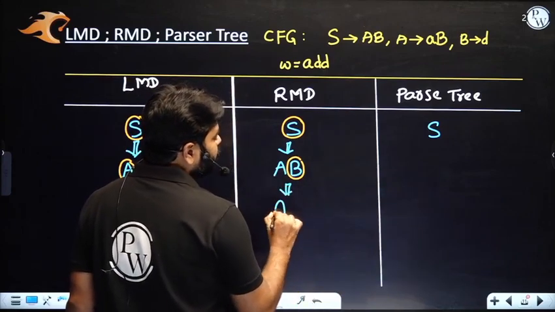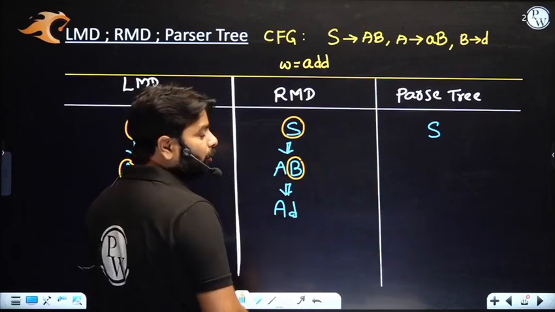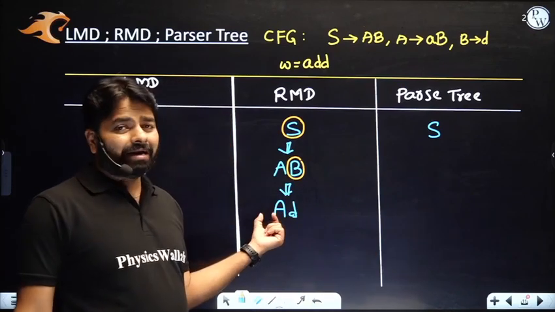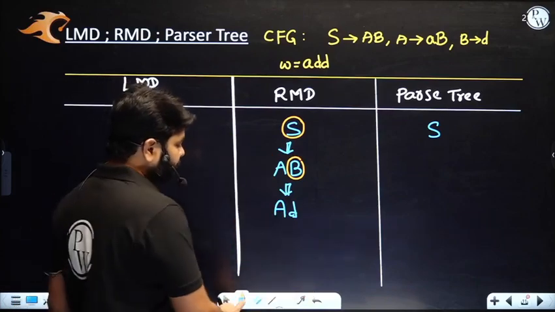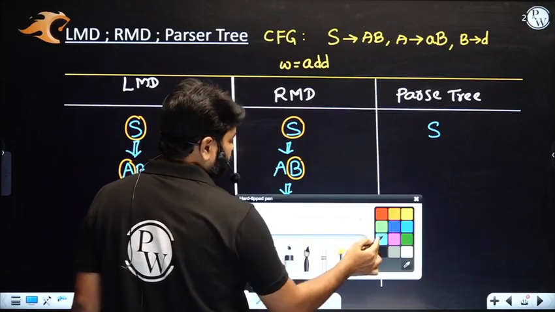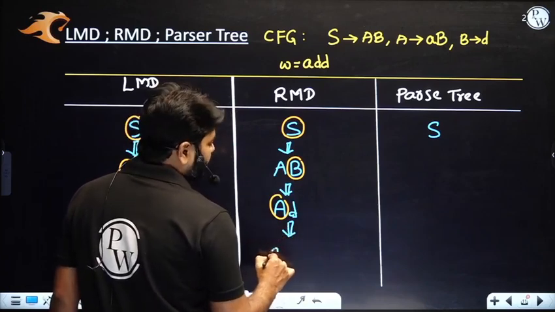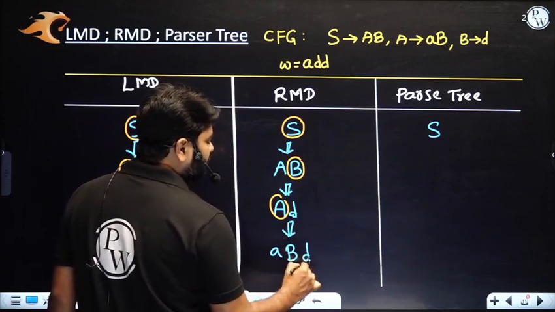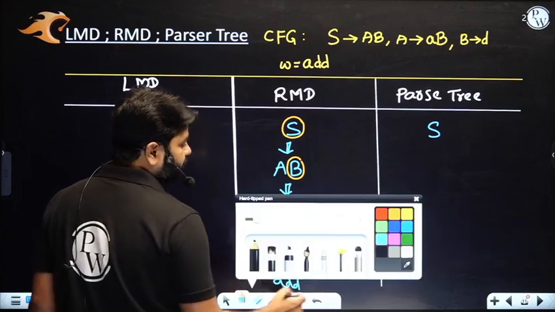So what do you substitute? Only D is there. D you will substitute. At this point only A is there as a non-terminal, so that is the only rightmost you have to take. That's going to be A, B, D. At this time only B is there, so that is your rightmost.